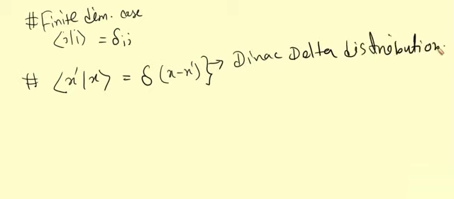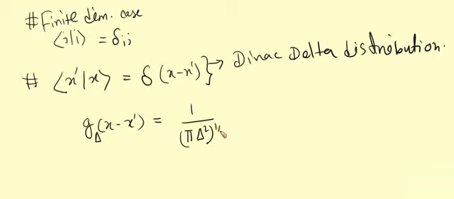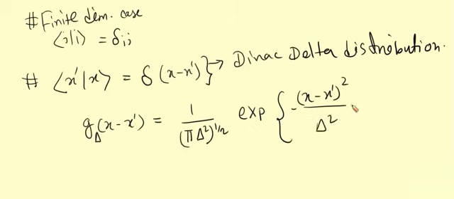There are many ways to define it. In some texts or literature you can define it via the Fourier transformation of the identity operation, or you can take a function g of x minus x prime, defined as 1 over the square root of pi delta squared, times the exponential of minus x minus x prime whole square over delta squared.